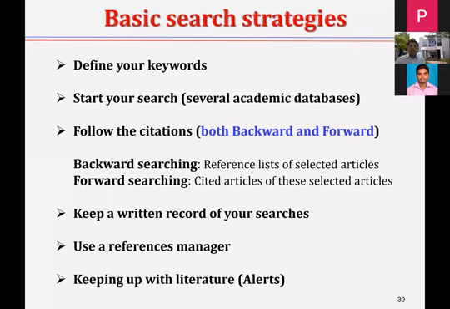So whoever cited the paper you believe is the best for you in the last 5 years, those new references are also very important for you, and these are the latest ones.